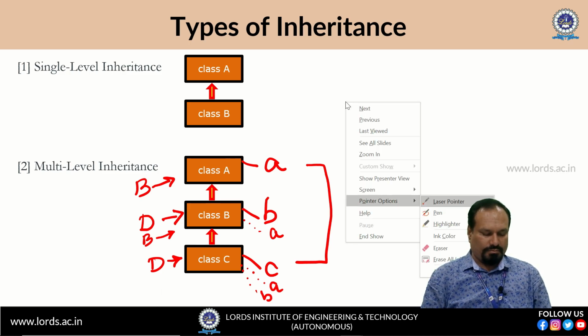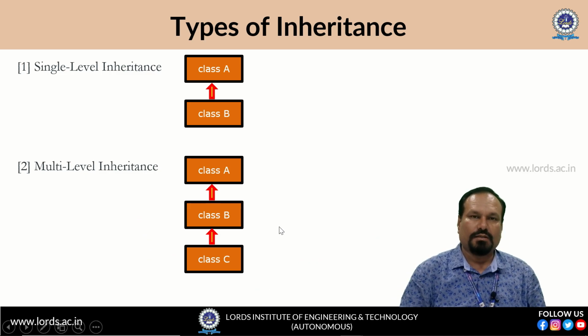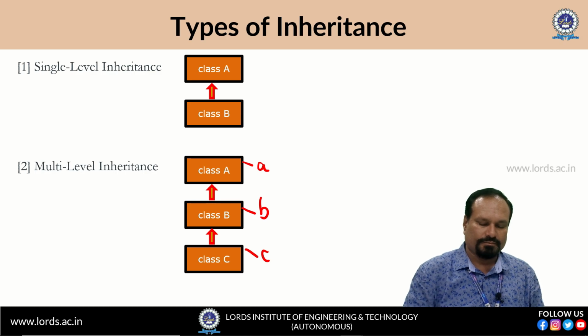What is the further benefit of this? Let us see. If we have, let us say, A here, B here and C here.